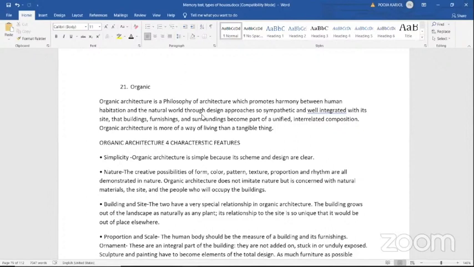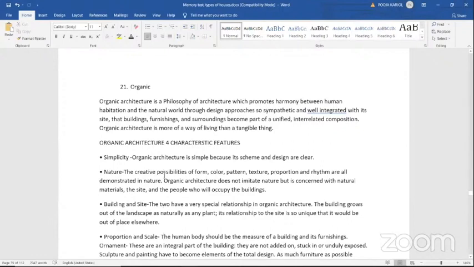According to me at least, the building which is built should have a good relation between human and nature, such that it is unified. It shouldn't be separate. All parts of the building should be so integrated into nature that it feels like one thing.